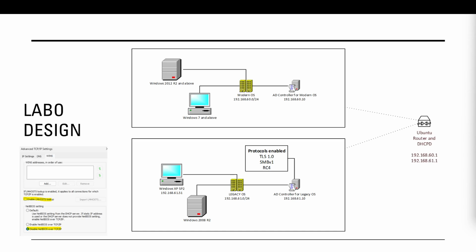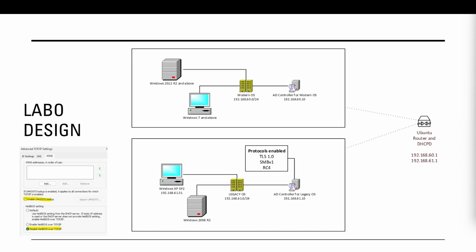I have made two subnets, meaning two Hyper-V virtual switches, one for VLAN 60, which is the modern operating system, which you see on the top of the screen, the square. And you also have on my system a Hyper-V virtual switch for VLAN 61, which is considered the legacy operating system.